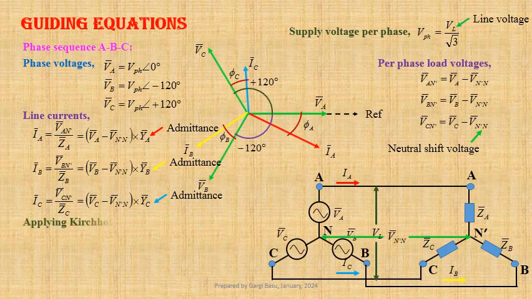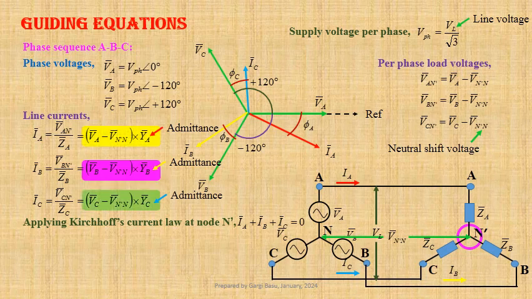Applying Kirchhoff's current law to load star point N', we get IA plus IB plus IC equals 0. Using expressions for currents, we get (VA minus VN'N) into YA plus (VB minus VN'N) into YB plus (VC minus VN'N) into YC equals 0.